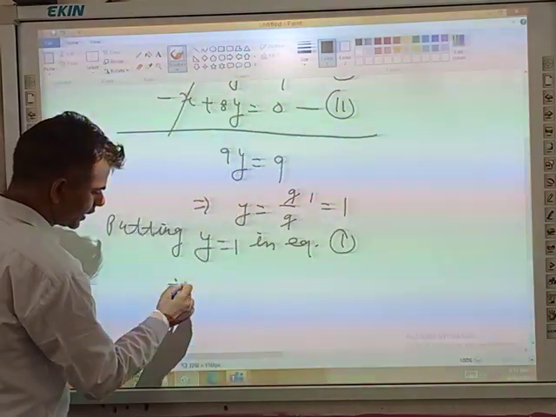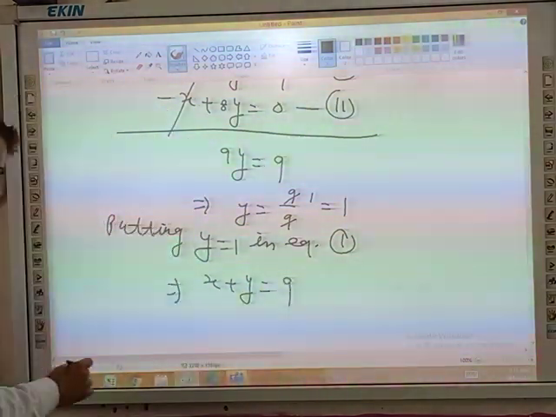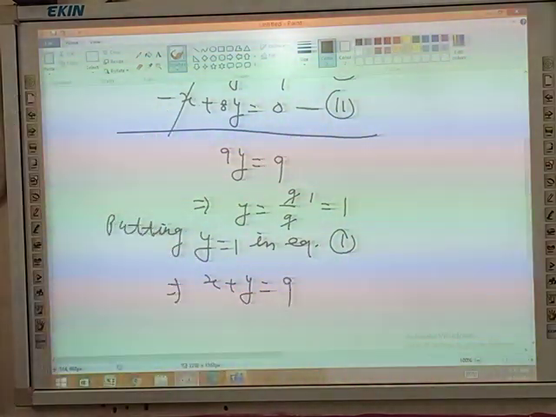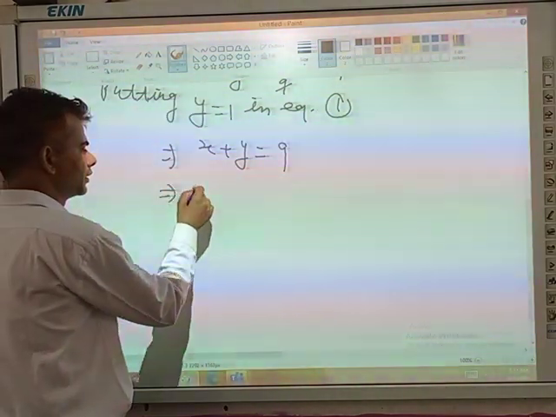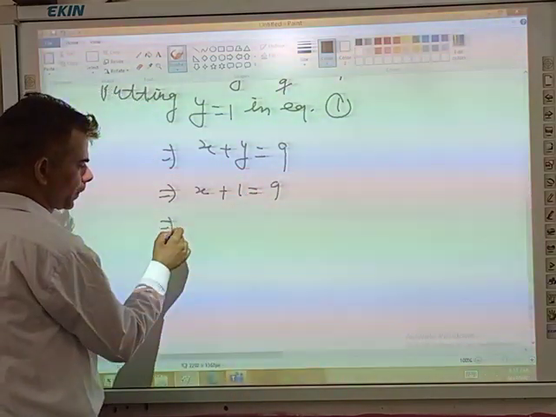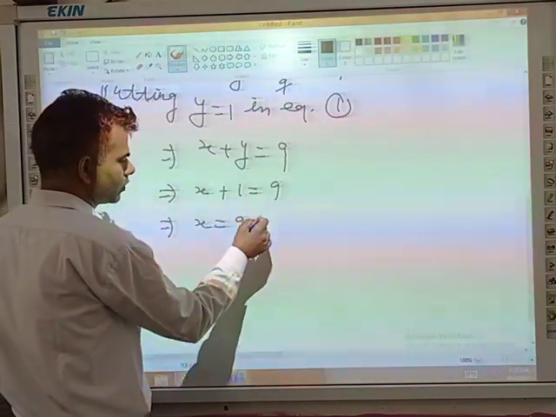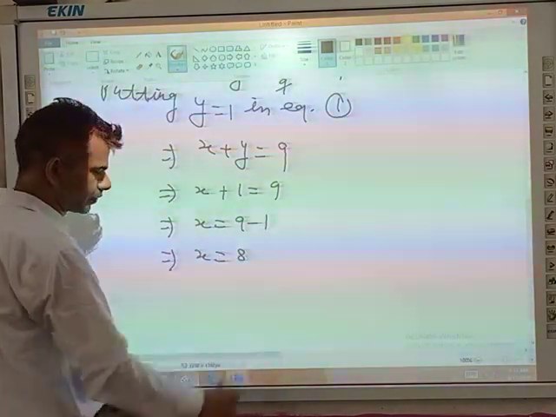Your first equation is x plus y is equal to 9. If you replace y with 1, then 9 minus 1, the value of x is equal to 8.